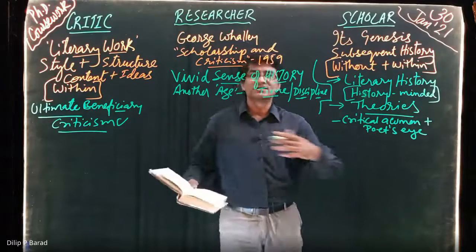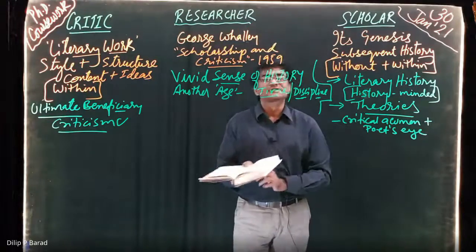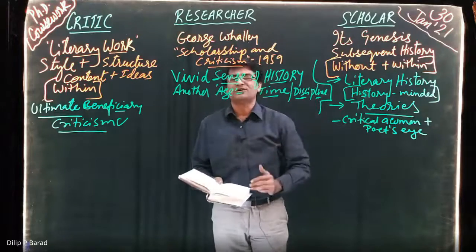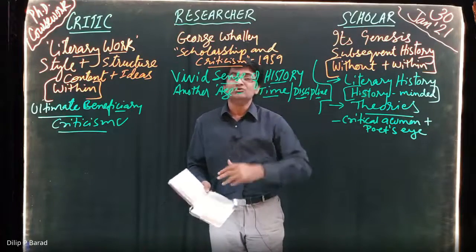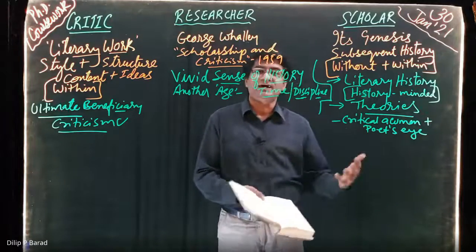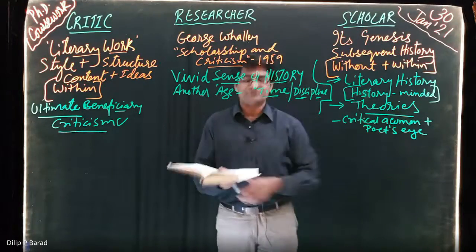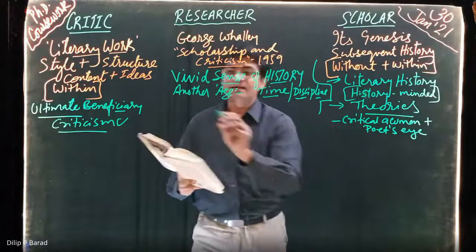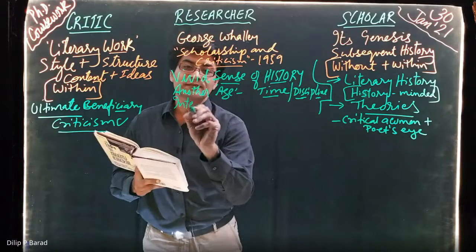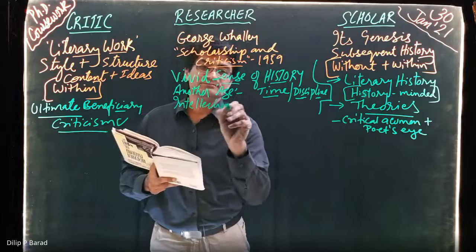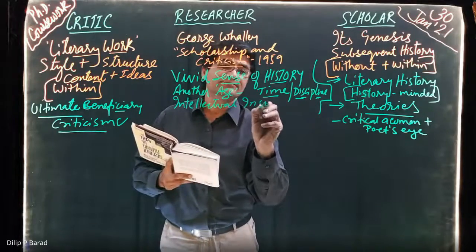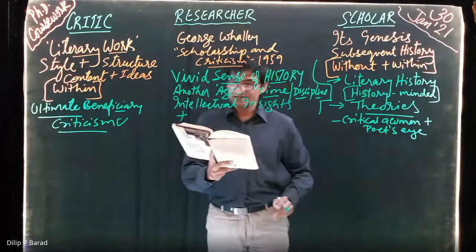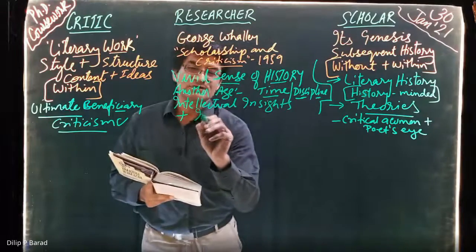So the range that is there, that you may be shifting from, say, for example, 5,000 years back, the Vedic time of Ramayana, to the 21st century where we are now living, that range of time. And what is necessary here? Intellectual insights plus imaginative response.